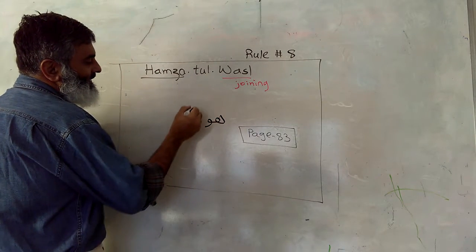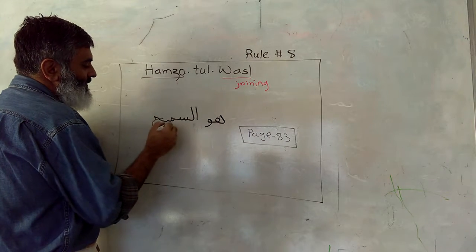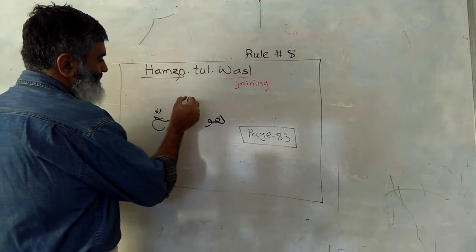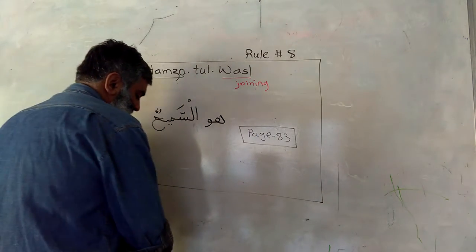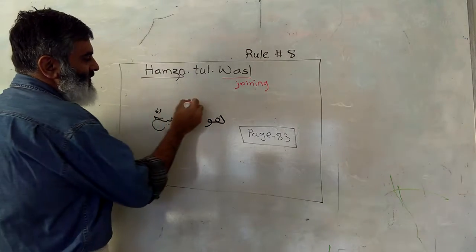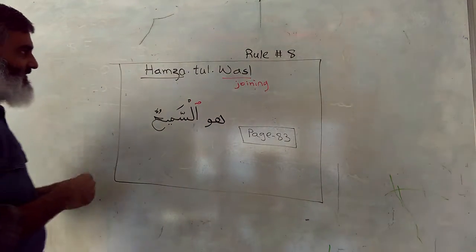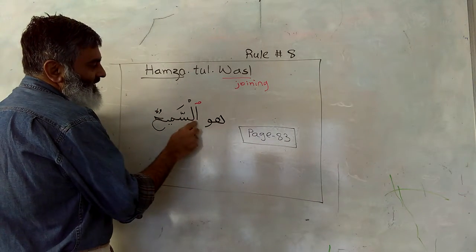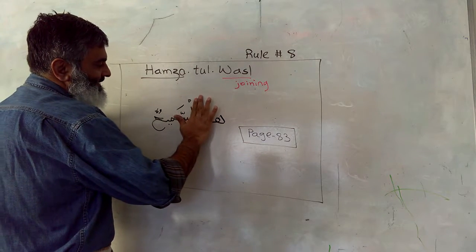Wa huwa as-sami'un. Wherever you see this in Quran, you will see this symbol on it. As I said, page 83 has a lot of good examples on this, but this is one of the examples. This alif has this symbol, which means we cannot say this alif.